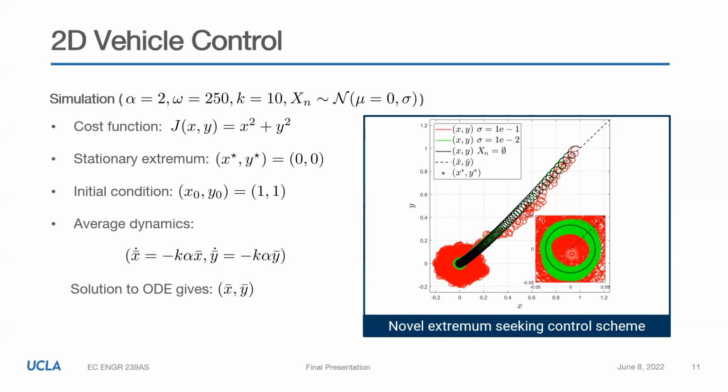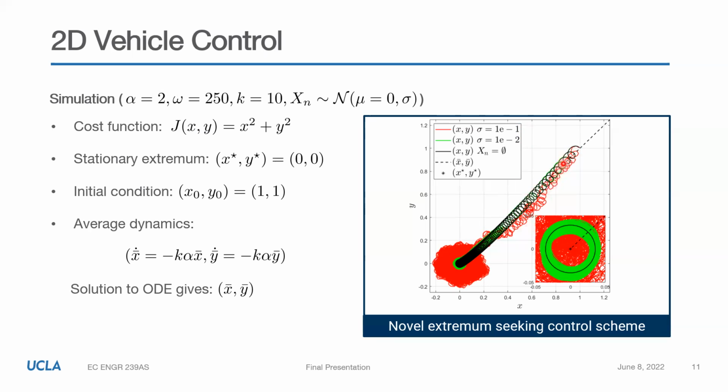Xn, again, is a random variable drawn from the normal distribution with mean of 0 and standard deviations shown here and here. With increasing sigma, convergence of this system becomes increasingly non-uniform.